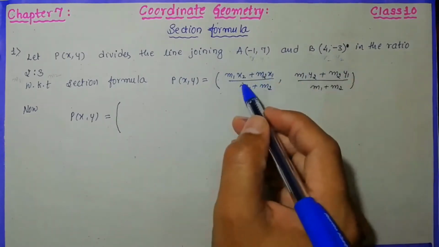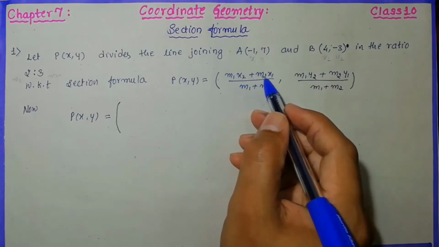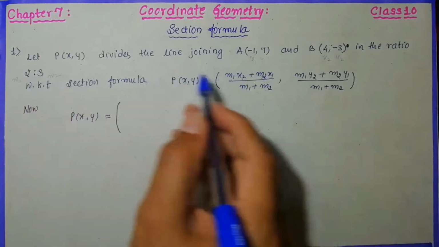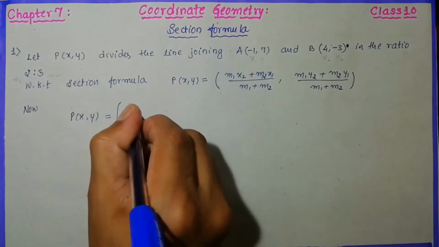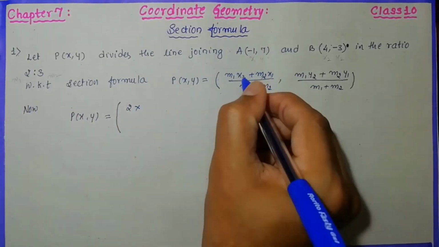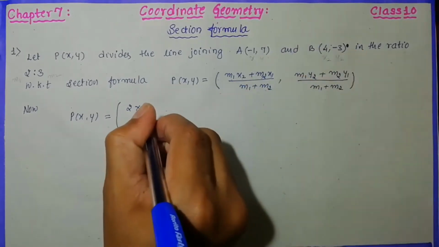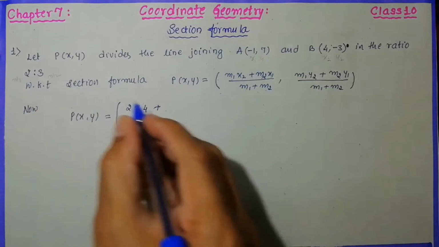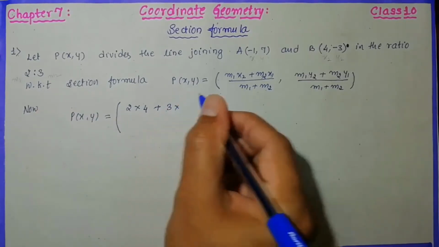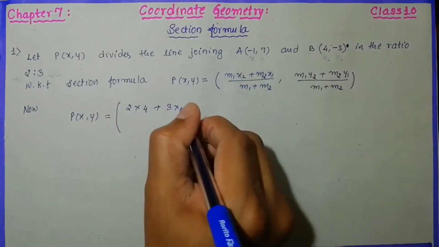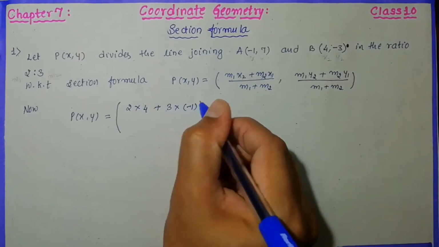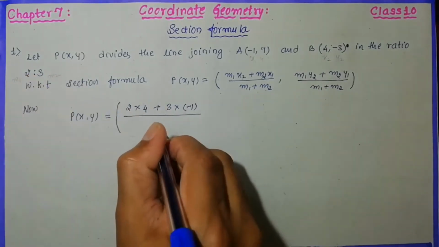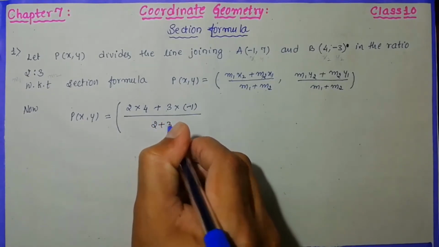First you substitute m1 with x2 and then m2 with x1. So m1 means 2 into x2, which is 4, and then plus, and then m2 means 3 into x1, which is negative, so whenever it is negative, put a bracket, it is better: 3 into (-1). The whole is divided by the denominator m1 plus m2, which is simply 2 plus 3.